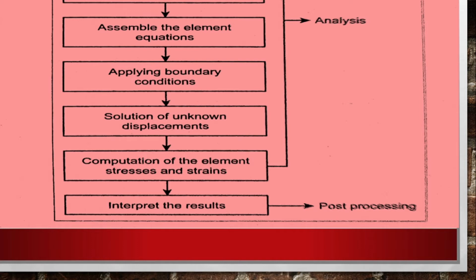We found the element equations and assemble them on the particular element. Then we should apply the boundary conditions. After the application of the boundary conditions, we can find the solution for the unknown displacements, and we should get the stresses and strains of the particular element.